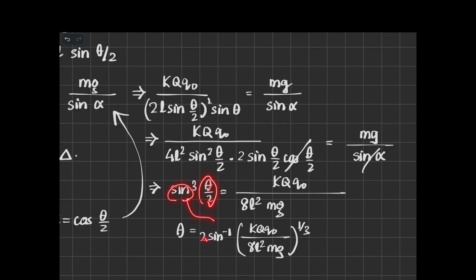For sine bringing to the right side we will get sine inverse, and this cube on the right side will become cube root. So theta comes to be 2 sine inverse of k q naught by 8L square mg whole to the power 1 by 3. So this comes to be the answer of this problem.